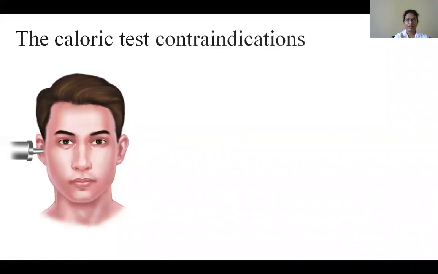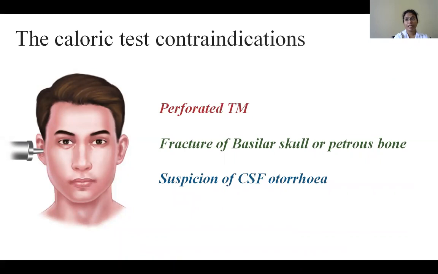Now, what are the contraindications? As we are doing irrigation, with a perforated tympanic membrane we should not do it, as well as if the patient has a fracture of the basilar skull or the petrous bone. And if you are suspecting CSF otorrhea, which means leakage of CSF into the ear canal, you should avoid doing the caloric test.